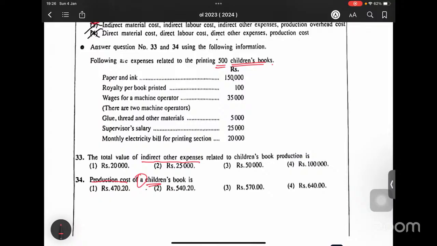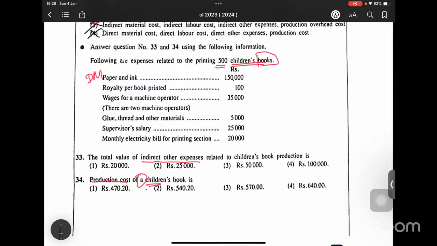No. Paper and ink, they are the main ingredients to produce the books. So that is direct material. What, we can't count ink? Yeah, but we can count the paper, right? Yeah. Okay.